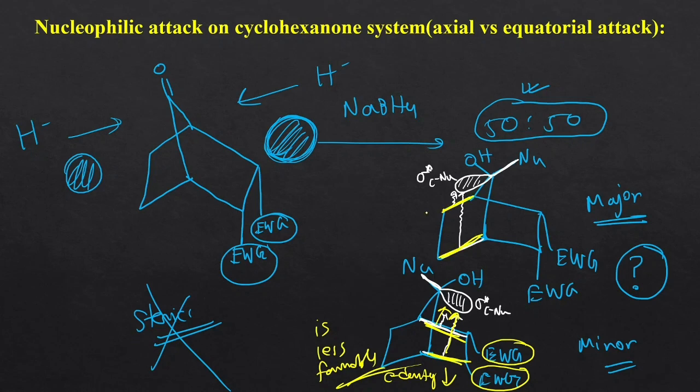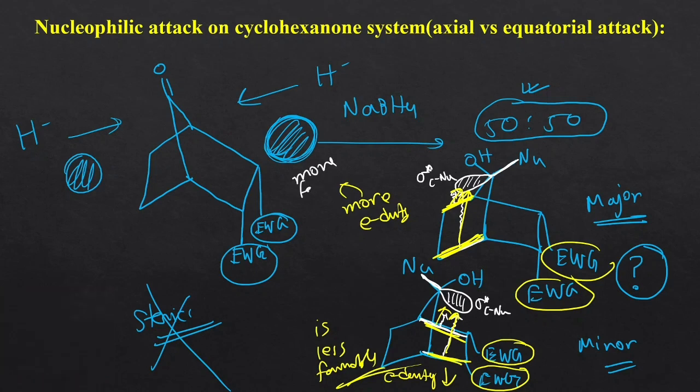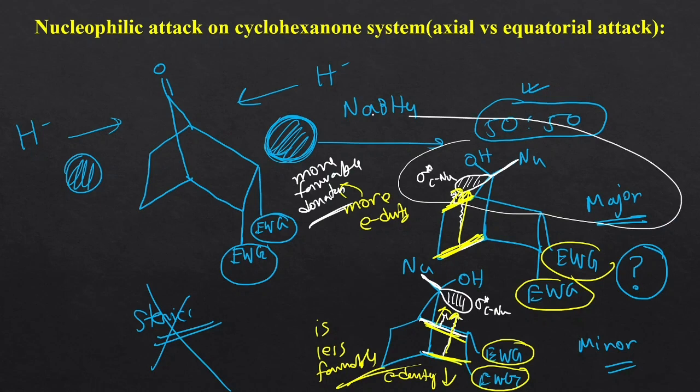Because this is the electron withdrawing group and these are all sigma bonds, there will not be a resonance, so obviously that will be an inductive effect, and inductive effect is distance dependent. So this carbon carbon bond is at a higher distance with respect to the electron withdrawing group, so this carbon carbon bond has more electron density, and if it has more electron density, then that will be a more favorable donation. So more electron density will lead to more favorable donation, and that is basically yielding the major product like this.